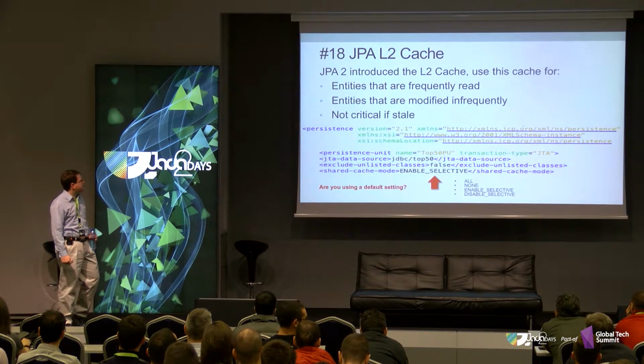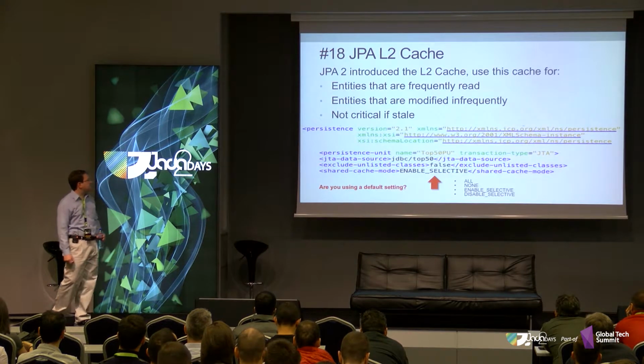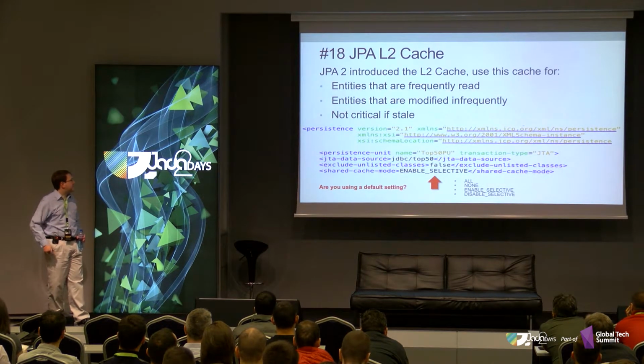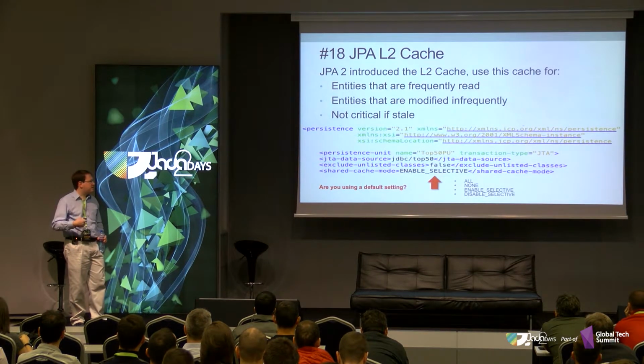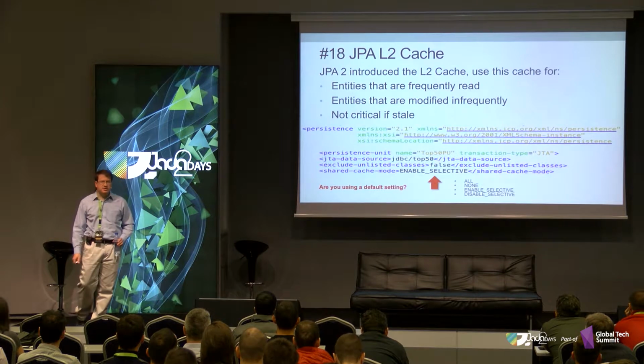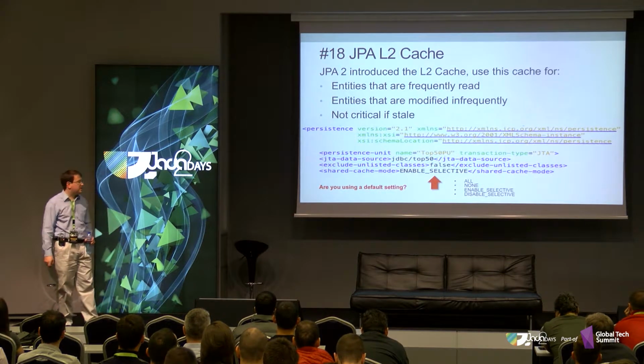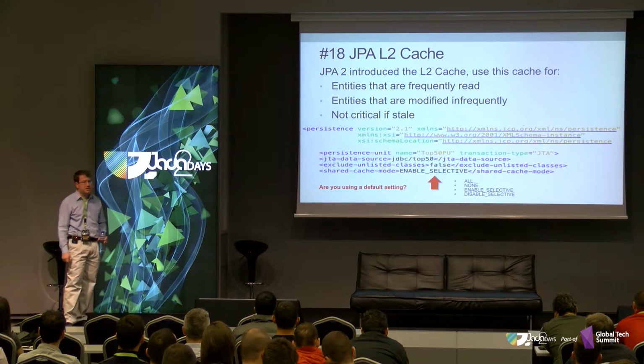So it's for entities that are frequently read but not frequently updated, and that it's not critical if it's stale. So the important thing is that it's up to the JPA implementation to decide which value is the default value. So if you haven't checked this setting yet, you should definitely take a look at your JPA configuration and what your shared cache mode is actually set to by default.